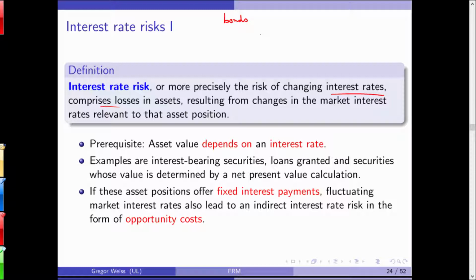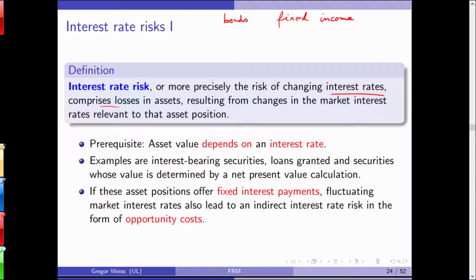With a bond or a zero bond, you know that the payments are fixed and the price will only depend on default risk and interest rates. But if you are looking at bonds, this is what we refer to as fixed income products. And this is the category of securities.